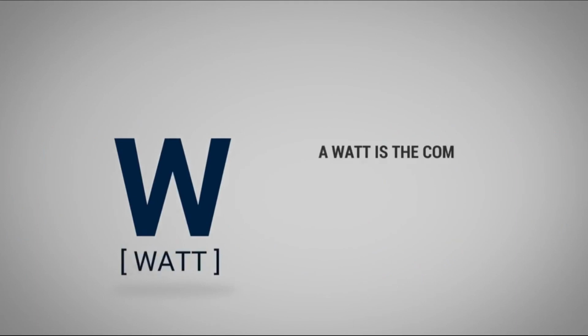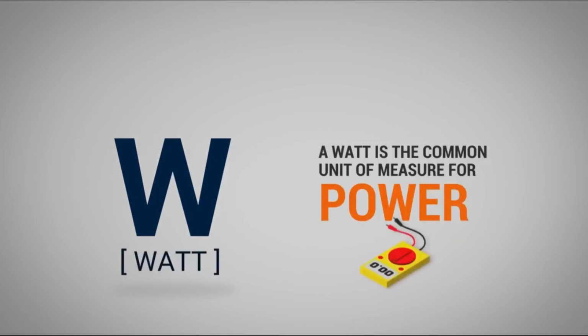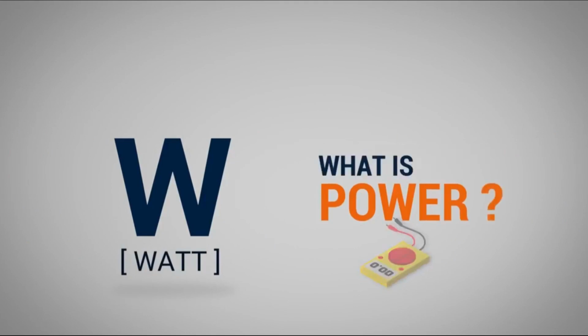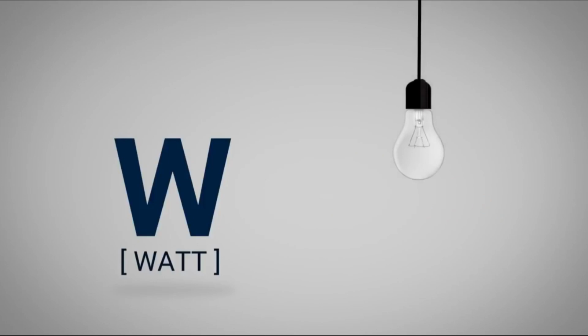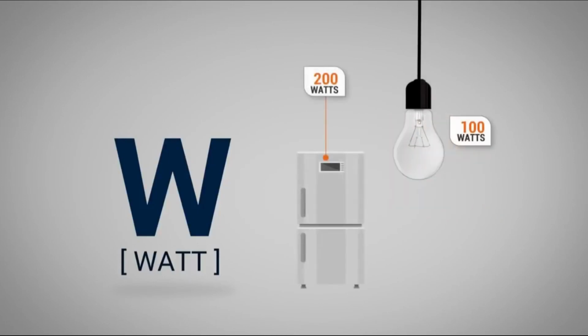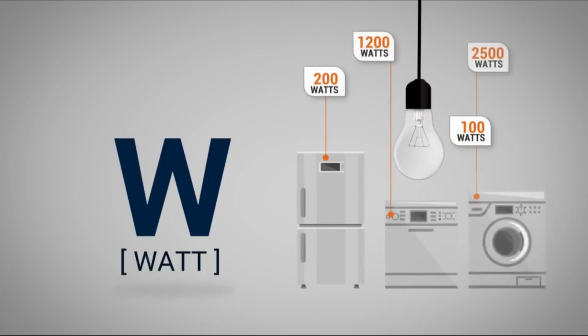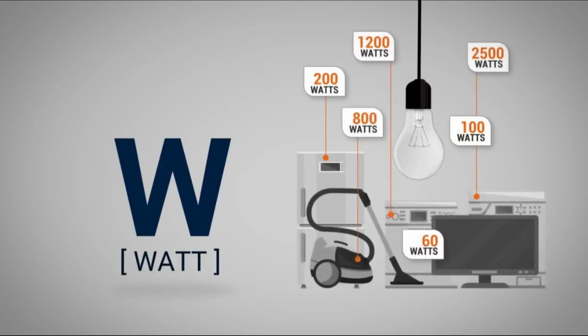A watt is a common unit of measure for electrical power. So if a watt is a measure of electrical power, what exactly is power? Power is a measure of the instantaneous electricity being used when you turn on any electrical appliance. You see power requirements called out in watts on labeling for everything, from light bulbs to microwaves.